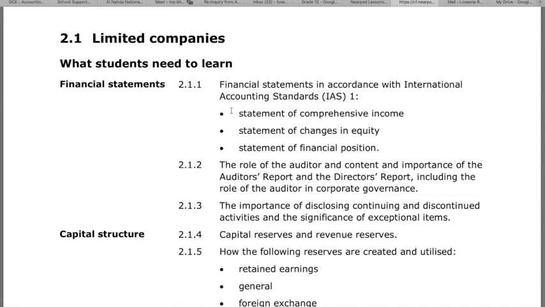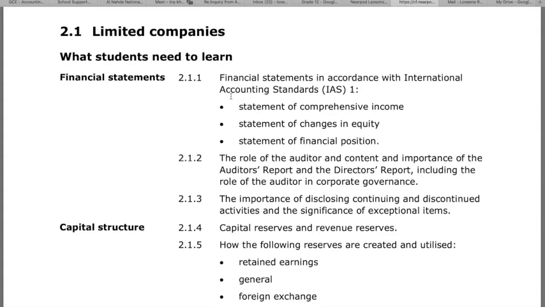Here you're going to have to write the statement of financial position in accordance with the International Accounting Standards 1, IAS 1, Form 1. This is the one which actually lays down the format in which the statement of financial position is to be written. It's actually very simple, but you have to memorize it.